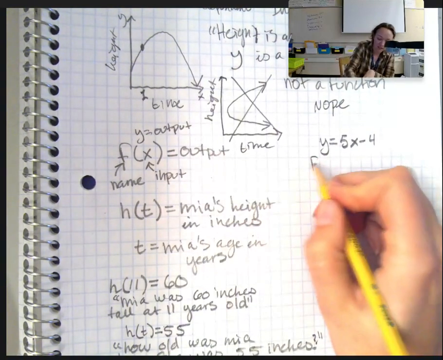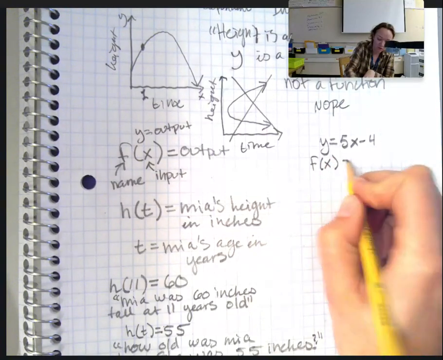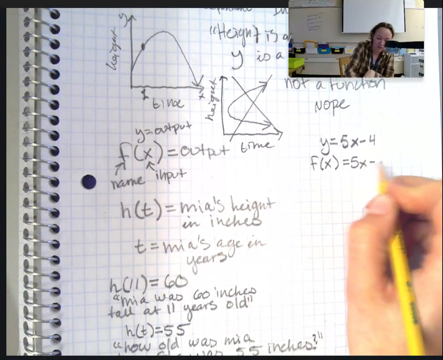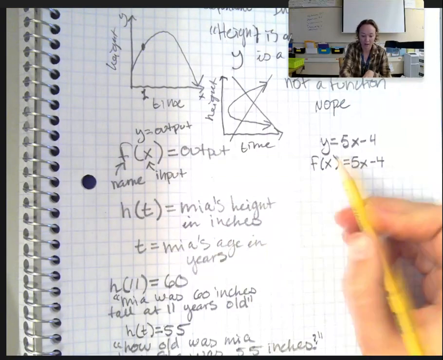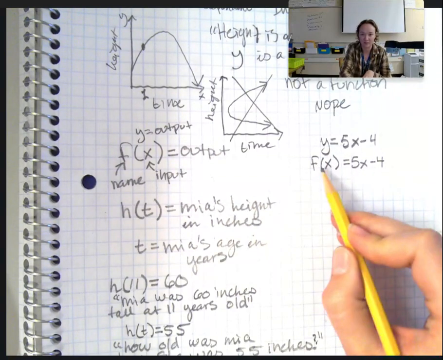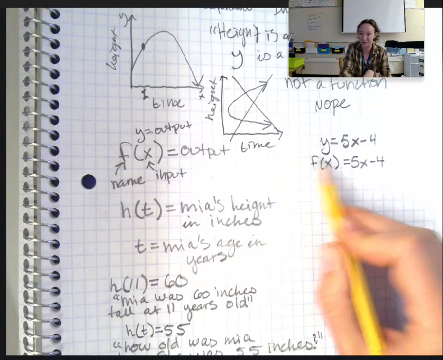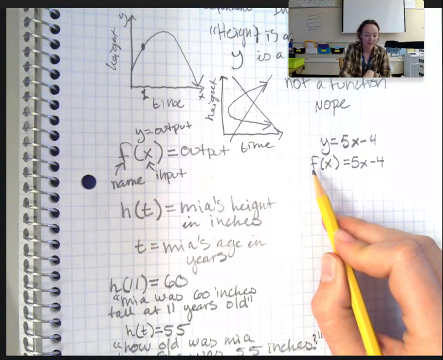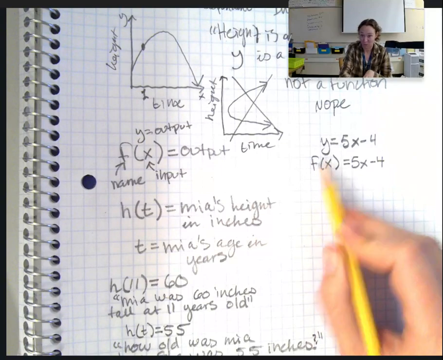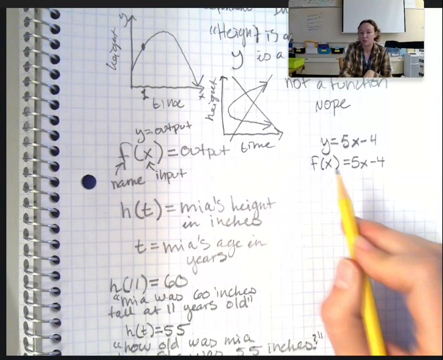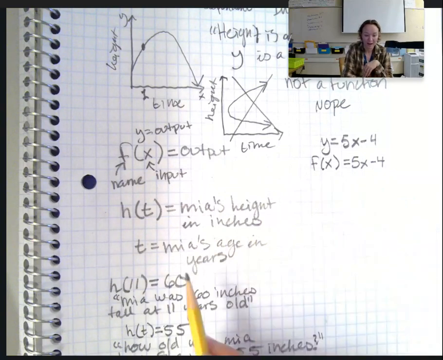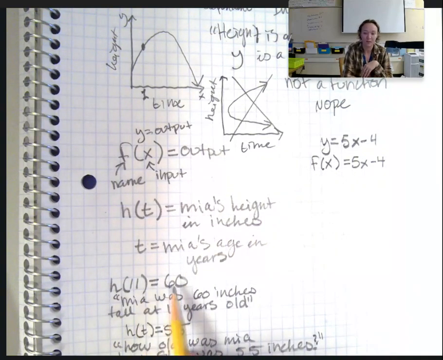So we could instead say f of x equals 5x minus 4. Notice how the y has just been replaced with this f of x. That's all that means. It's just a fancier way of doing that. Sometimes it can feel pointless. Like, why do we need to change it? The whole point of changing it is because it allows us to track the input and the output within the same phrase, and it can be very convenient.